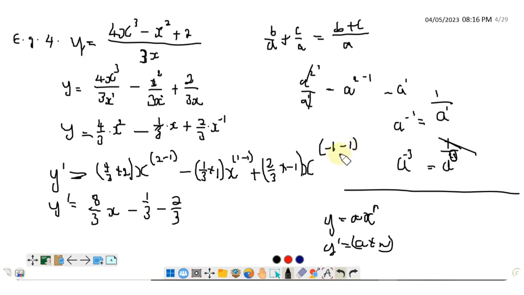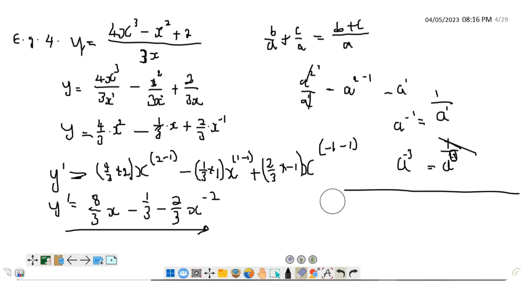So -1 minus 1 is going to be x to the power -2. There we go. And this is the derivative. So I derived it. See, that is the derivative.